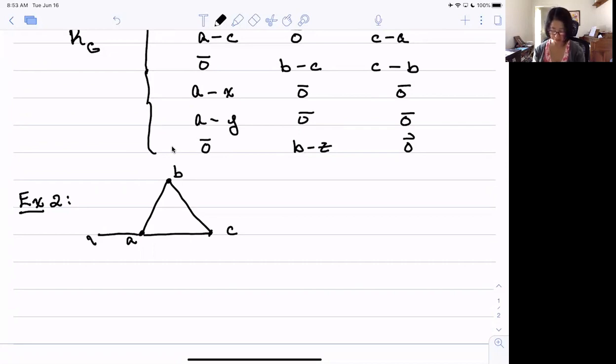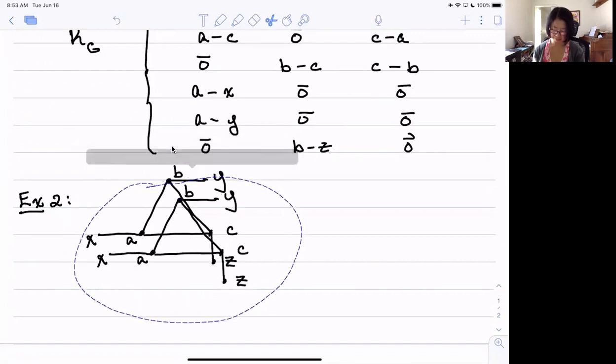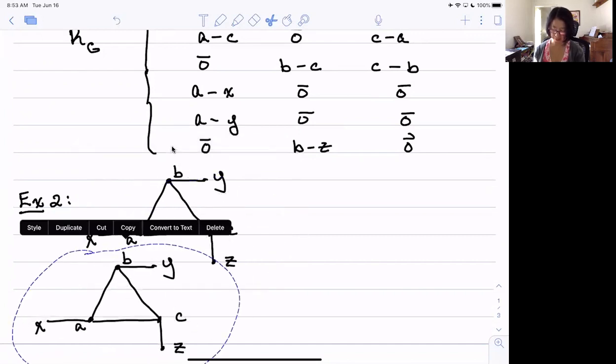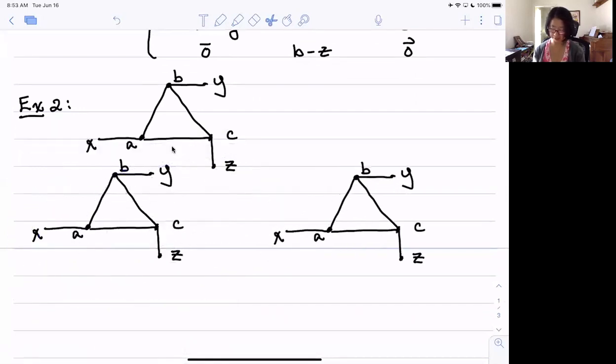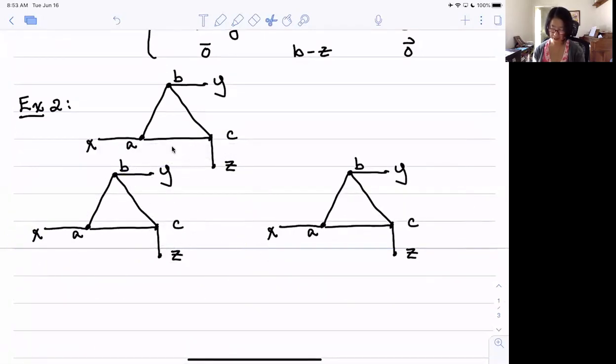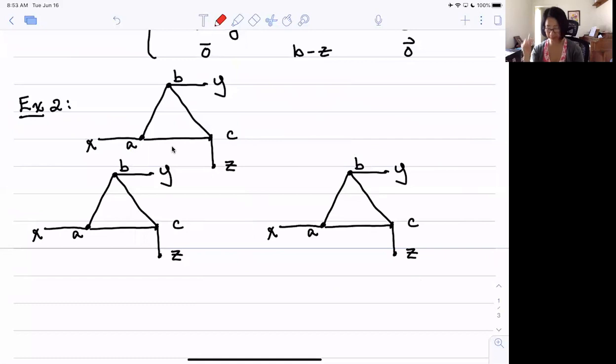So I have maybe X, Y, and Z. And now I'm going to copy this, and we're going to see how many ways there are of orienting this one. I know only because I've done it before, not because of some kind of weird intuition.